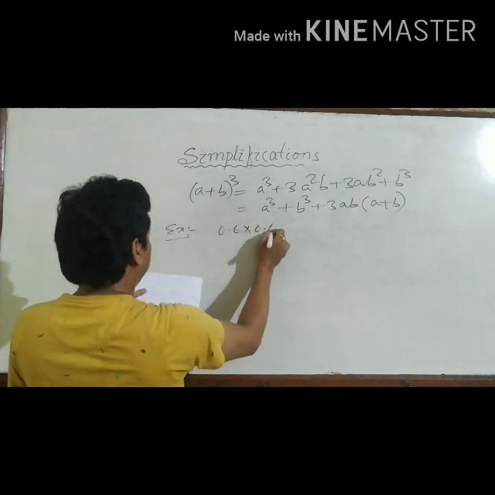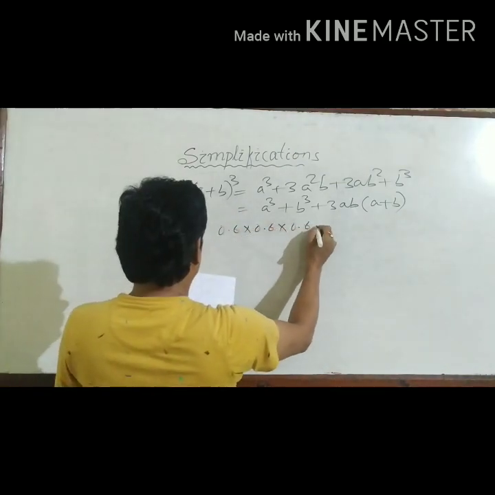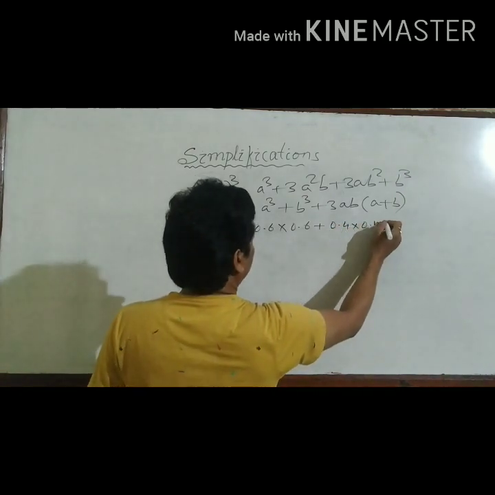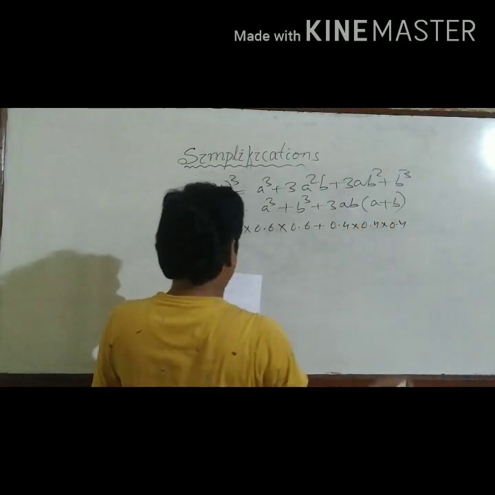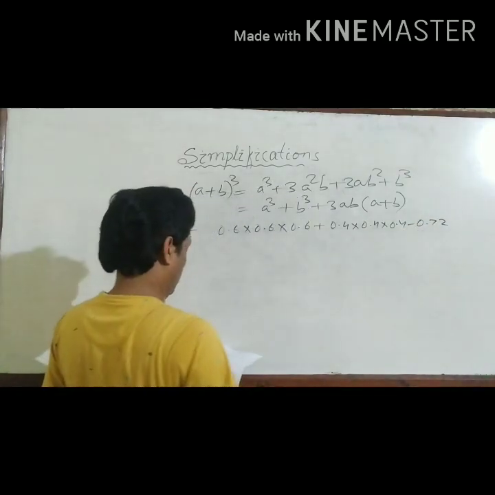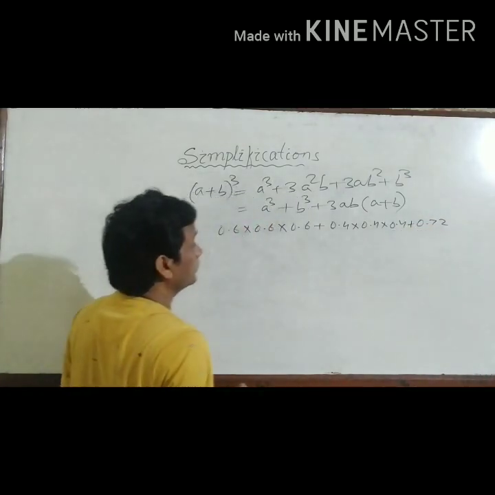0.6 × 0.6 × 0.6 + 0.4 × 0.4 × 0.4 + 0.72.